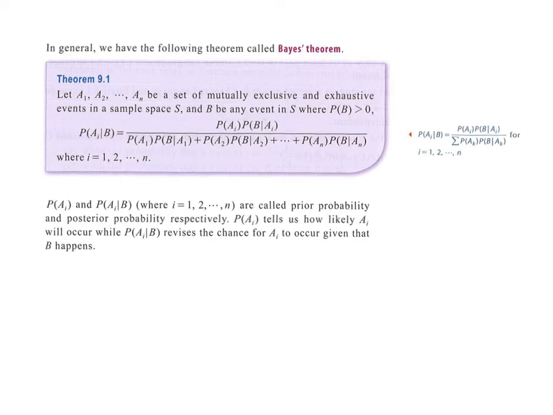We know that B happening can be attributed to event A1, and then A1 leads to B, A2 leads to B, AN leads to B. These are all the possibilities, the probability for B to happen, in the denominator. For the numerator, we only consider the Ai that leads to B. So this is the probability of Ai given B.